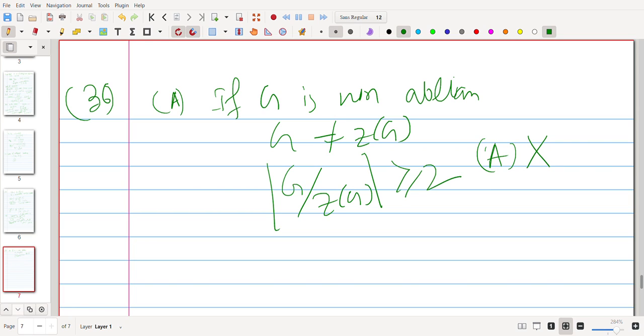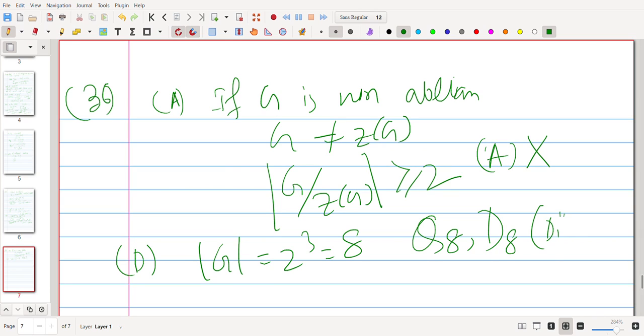It is obvious. For D, take the order of G as 2 cubed, which is 8. Take Q8 or D8, the dihedral group. These are non-abelian, and here we consider p equal to 2, so that's the counterexample. So option D is also false.